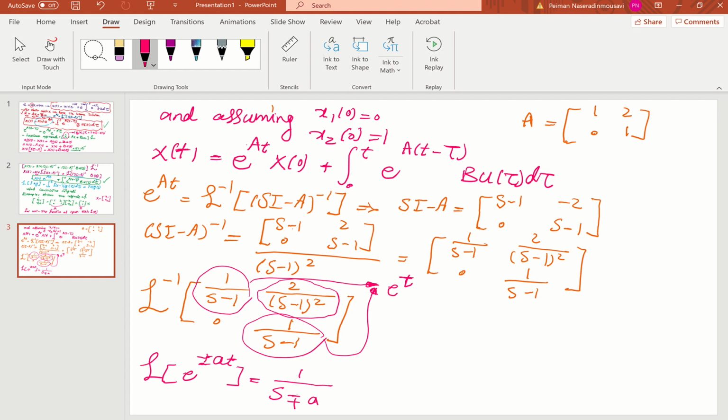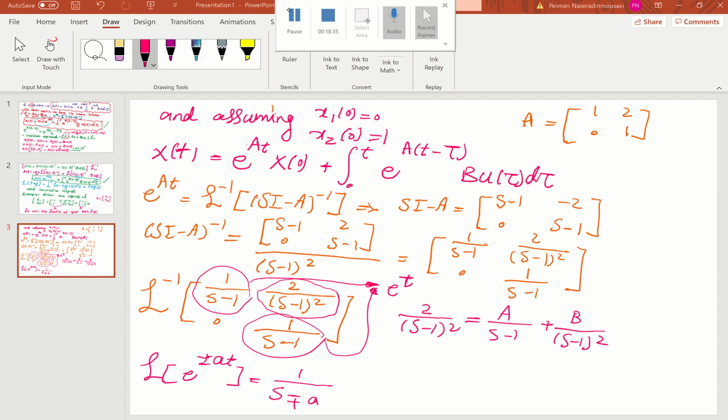First, for 2/(s minus 1)^2, you have to do partial fractions: A/(s minus 1) plus B/(s minus 1)^2. Okay, hold on, there's a bug here.